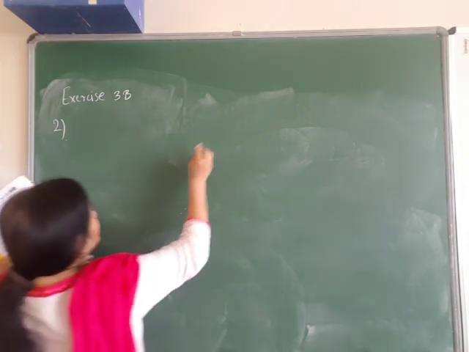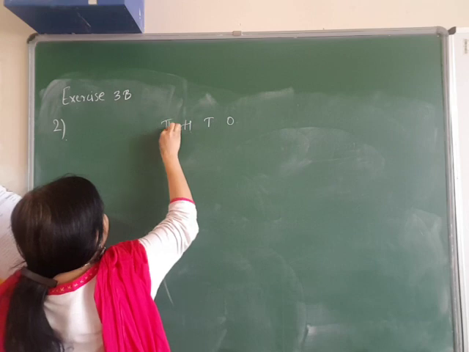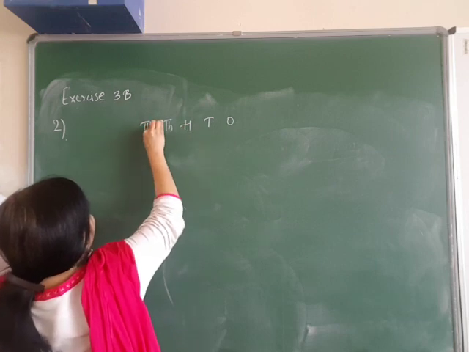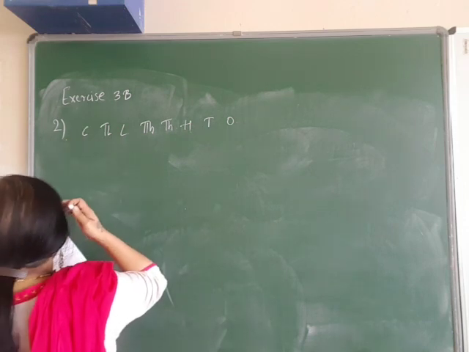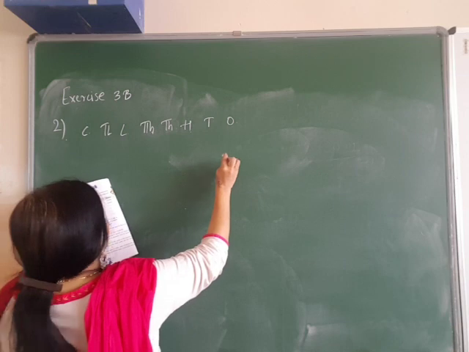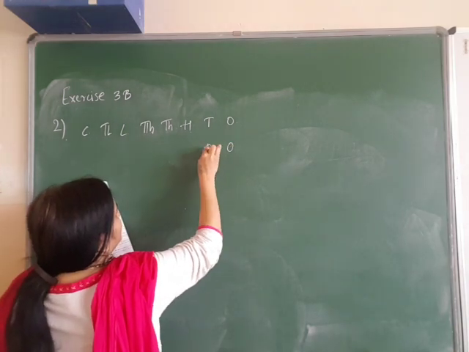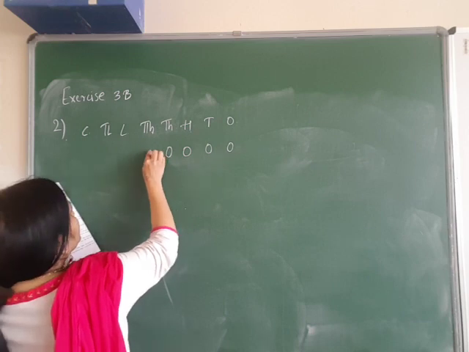First you will place the place value chart: ones, tens, hundreds, thousands, 10,000, lakh, 10 lakh, and crore. Now here, first write the first value, 70 lakhs.